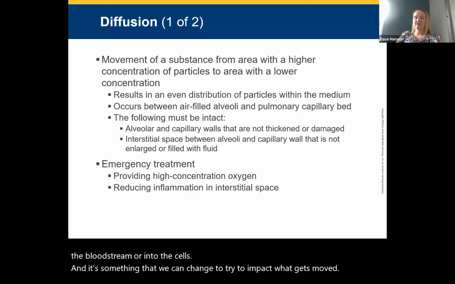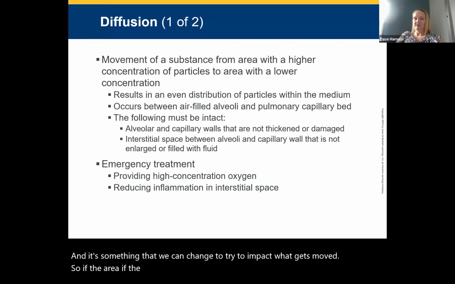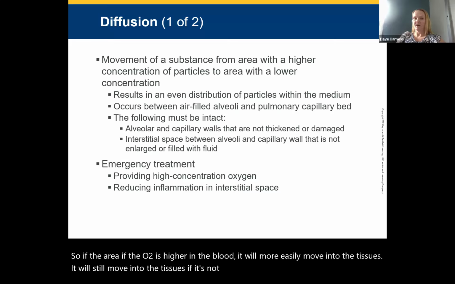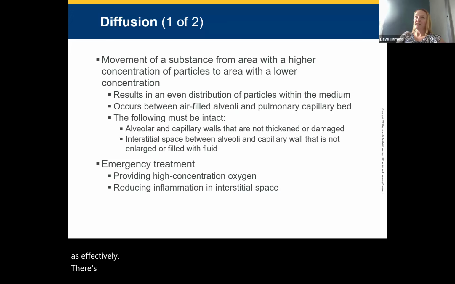So if the O2 is higher in the blood, it will more easily move into the tissues. It will still move into the tissues if it's not a lot higher, like if they are hypoxic, but not as effectively.